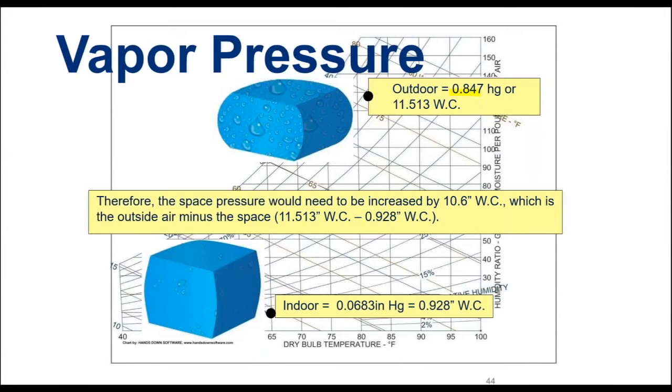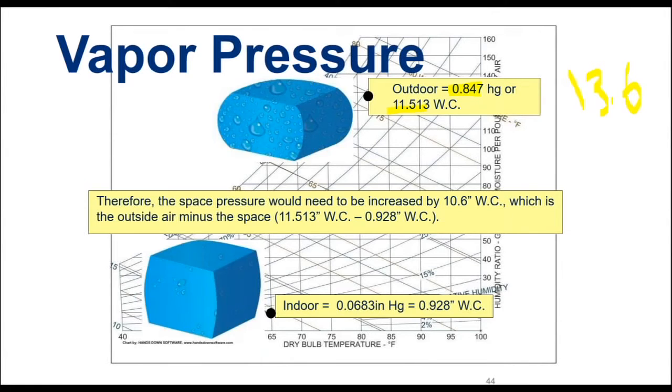Now, our fan systems are using inches of water column. So 0.847 times 13.6, we will see that that partial pressure of the moisture in the air is 11.5 inches of water column. Very significant.